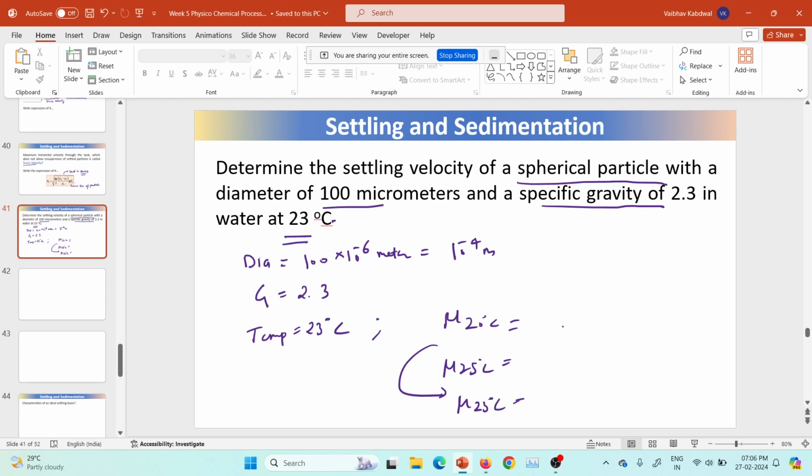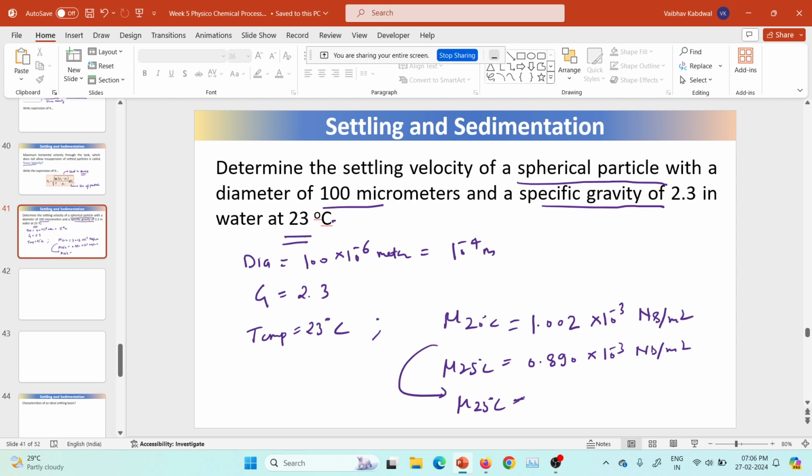So let's find out how much is the mu. At 20 degrees Celsius, mu is 1.002 into 10 to the power minus 3 Newton second per meter square. This data I have taken from P.V. Rao's environmental engineering book. At 25 degrees Celsius, it is 0.890 into 10 to the power minus 3 Newton second per meter square.